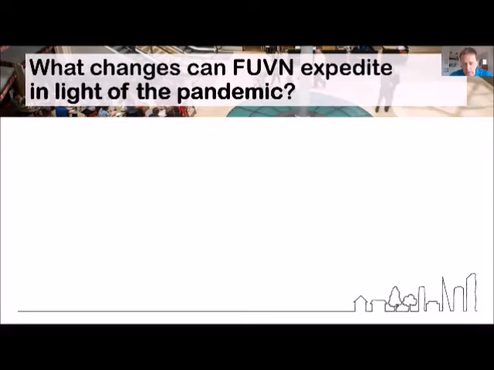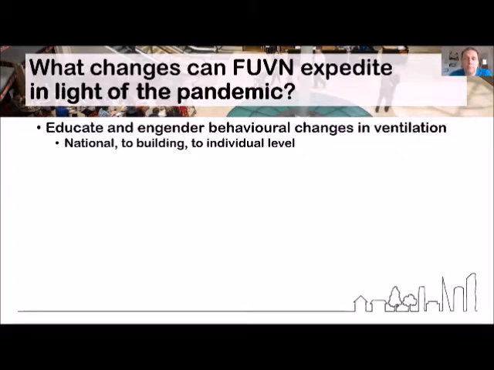You know, the FUVEN was conceived before the pandemic, but individuals throughout the network have sought to contribute to mitigating its effects, primarily through education and engendering changes in behaviour, and that's right from a national level to advise policy and the like, to your facilities managers who are on the ground thinking about ventilating complex buildings, to individuals deciding when and which windows to open.